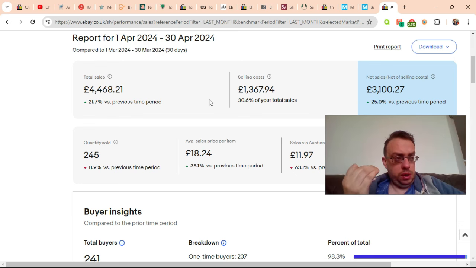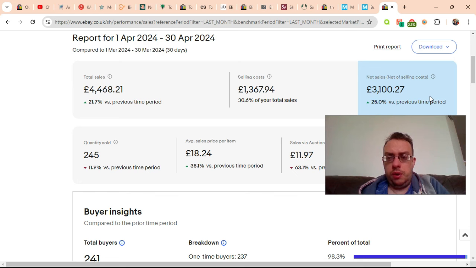And my store is gradually growing in terms of the amount listed. It does mean that I'm paying an increasing amount of insertion fees, but not enough to justify an increase to an anchor store just yet. So I'm not particularly worried about selling costs increasing because I've sold more and I've got more items listed as well. The net sales is interesting.